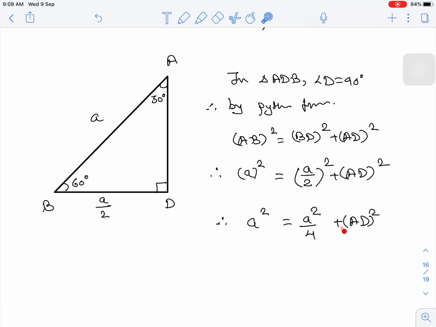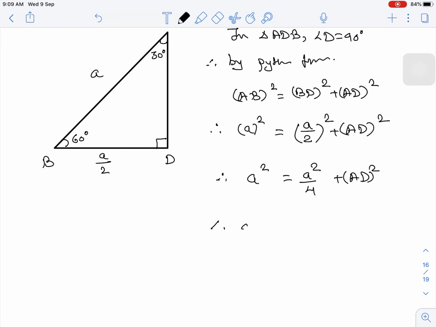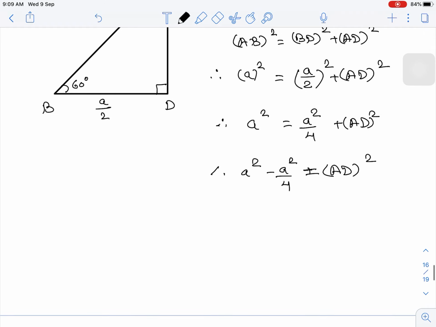Now we have to find the value of AD square, so we keep it on one side and the remaining terms on the other side. Therefore a square minus a square upon 4 equals AD square. This one does not have any denominator, so it is 1. Multiplying, we get 4a square minus a square upon 4 equals AD square.